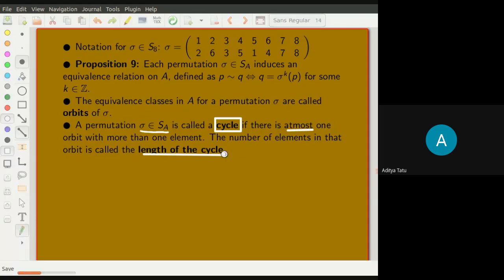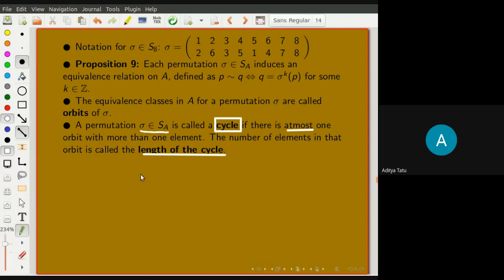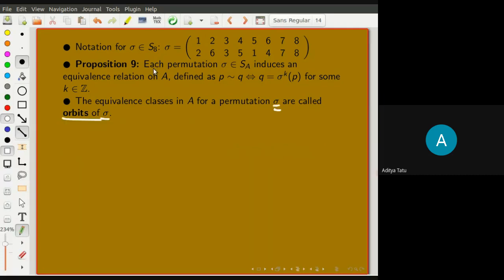Okay, so let's just look at the example sigma given on the top of this slide. Is that a cycle? Yes, sir. Why? Because we have just found out the orbits, right? What were the orbits?